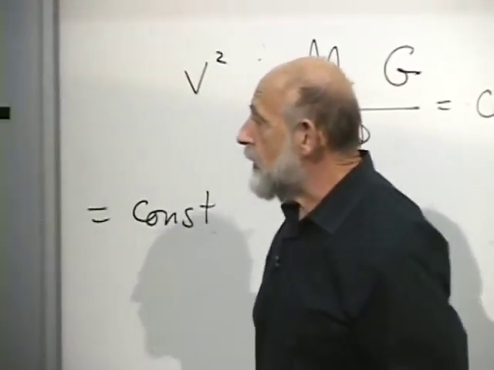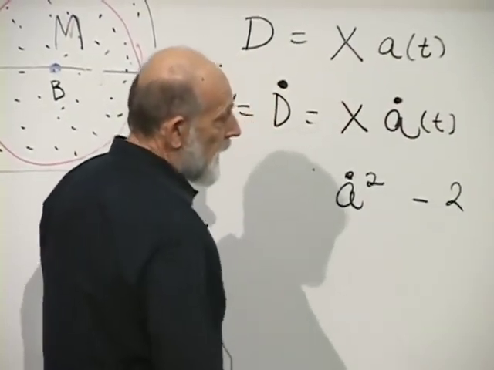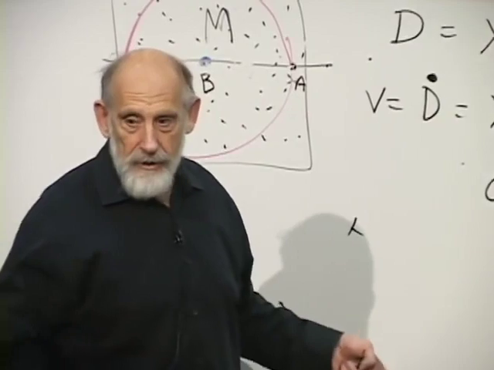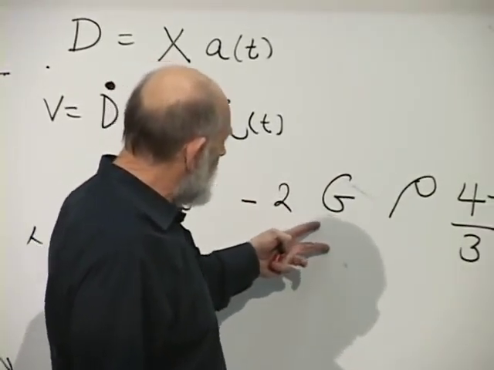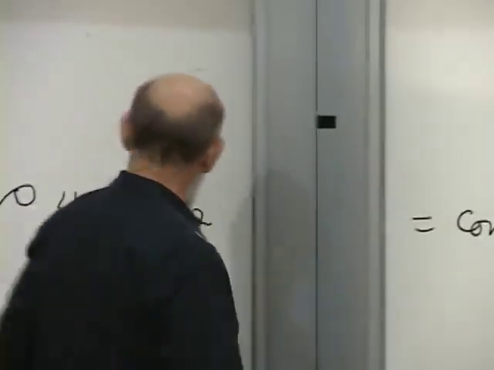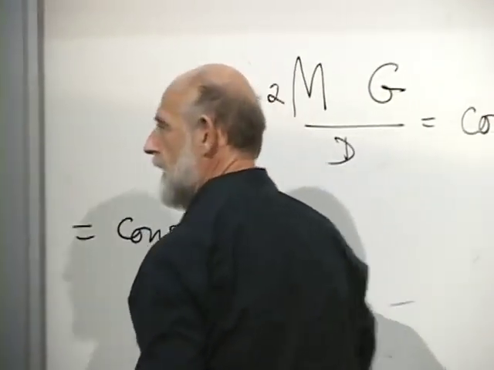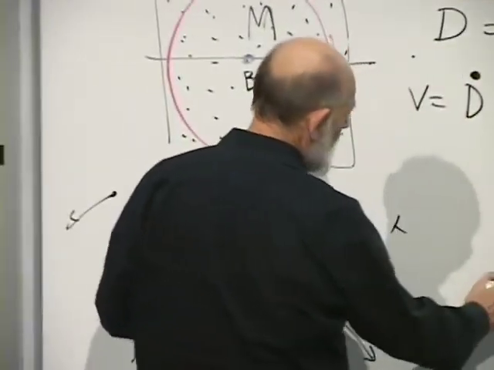Just in order to put it in a more standard form, I'm going to put it in a more standard form now. Standard simply means historically standard form. Standard form involves transposing this piece to the right and dividing the whole equation by a squared. So let's do that.